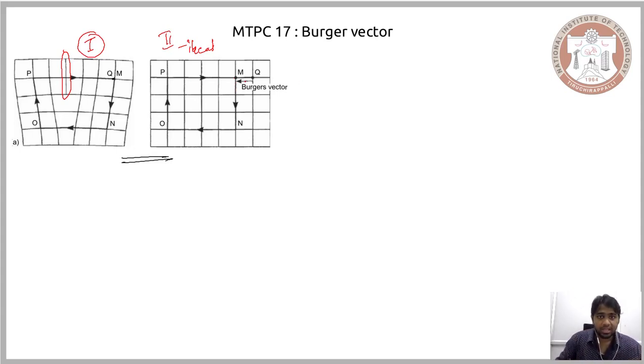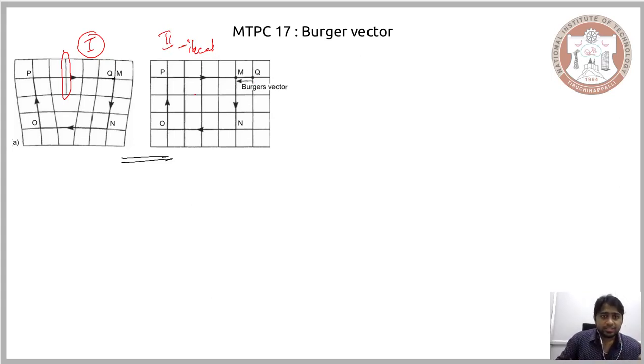In order for these two points to overlap, we need to move the point Q to M, and that movement we did using a vector that includes a magnitude and a direction, which we refer to as the Burgers vector.